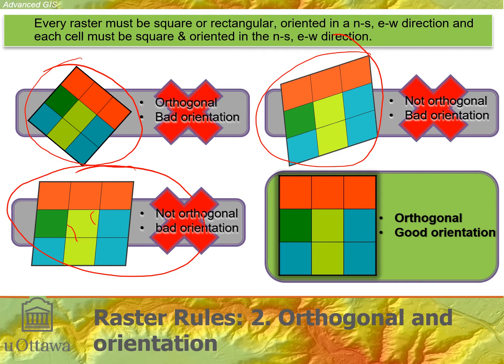So the last one here is what we would call a good raster. A raster which is square, rectangular, where we have 90-degree angles between the intersecting cell boundaries, 45-degree angles for each corner inside each cell, and the entire raster is oriented in a north, south, west, east orientation.